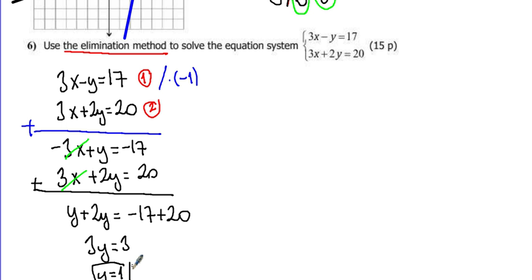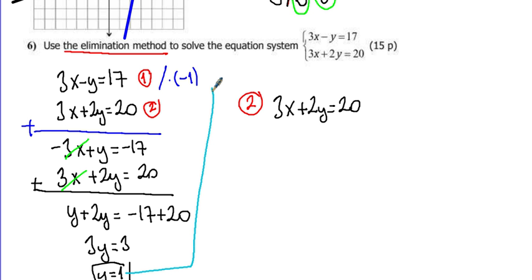How do we do that? We take the first or the second equation. I take the second equation. What was it? 3x plus 2y is equal to 20, and I will substitute this value in the equation instead of y.